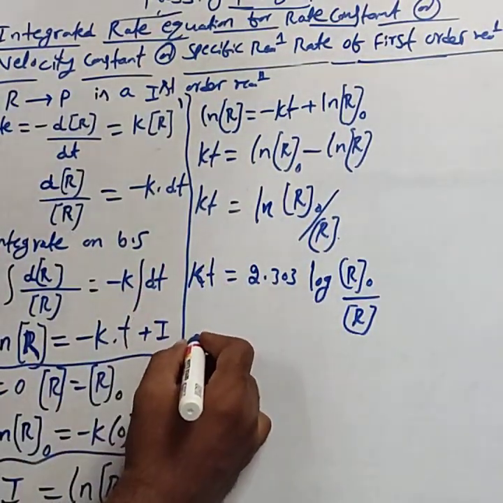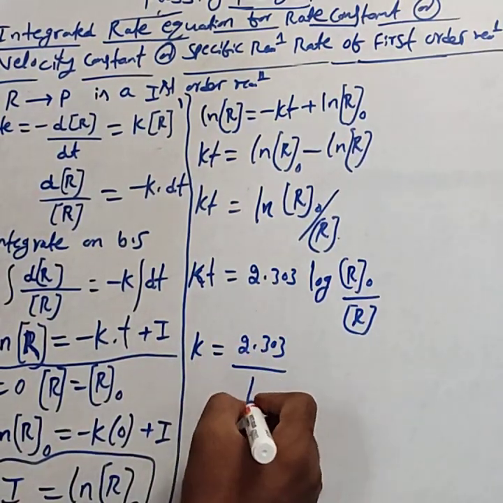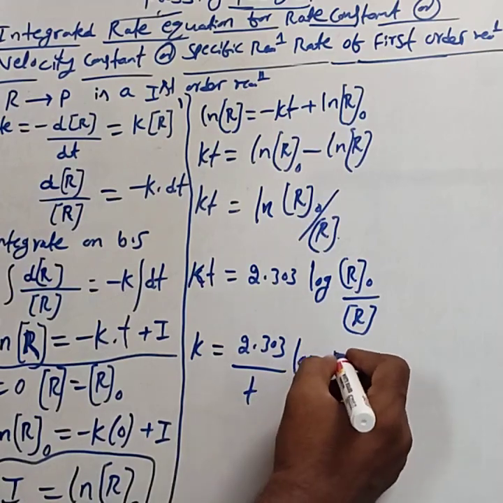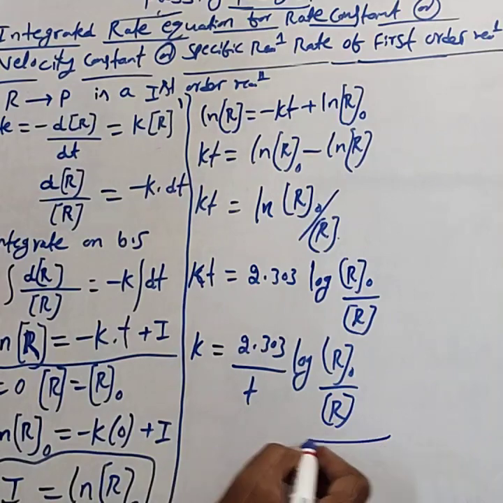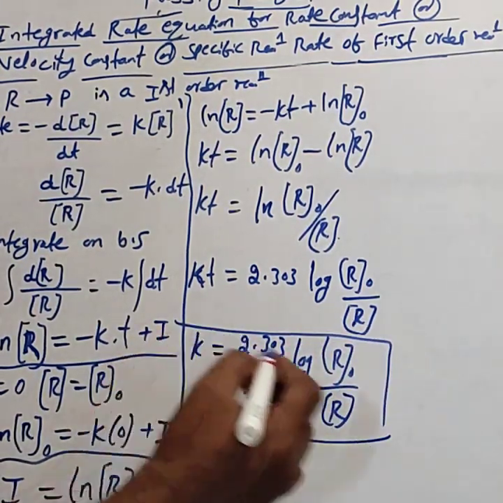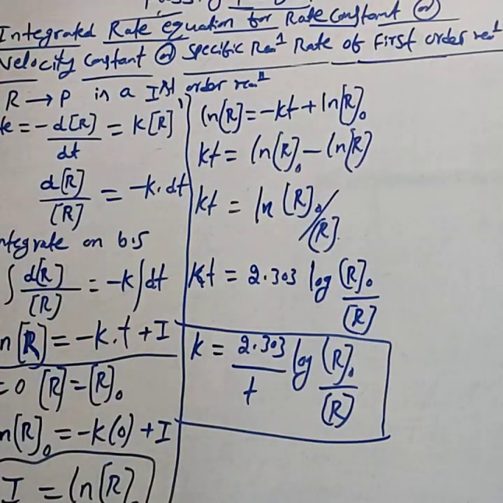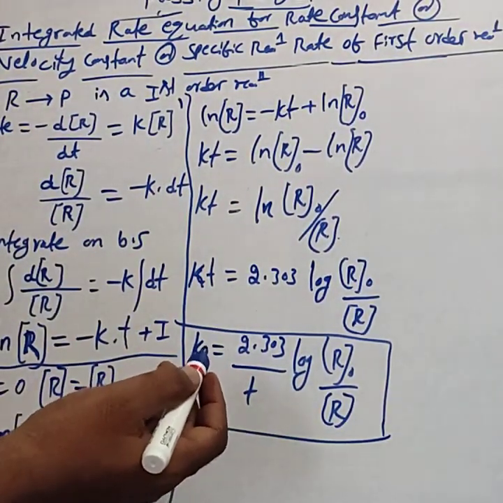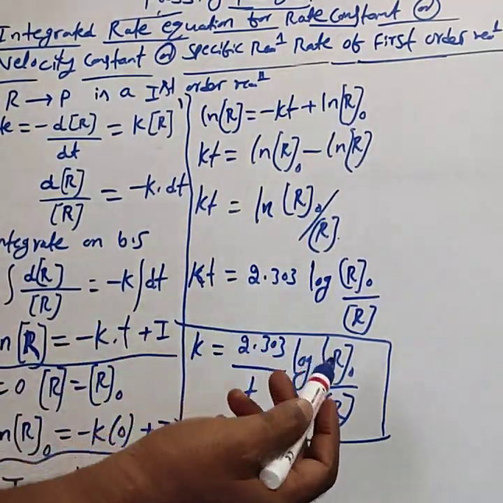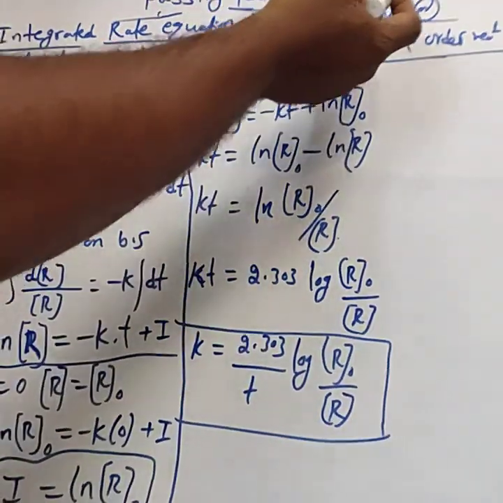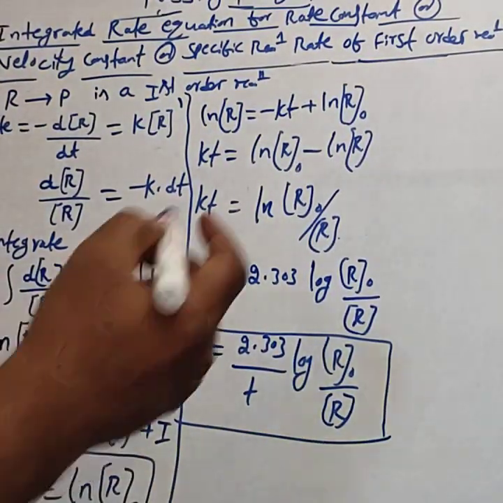Finally, cross multiply the t, so k equals 2.303 by t log of R naught by R. This log is base 10 log, ln is exponential log. This is the integrated rate equation for the rate constant of a first order reaction, very important for the 3 marks.